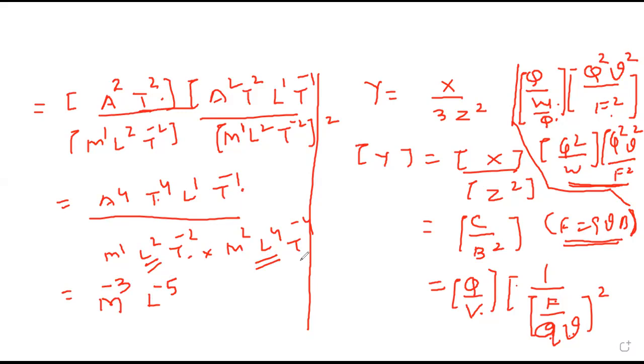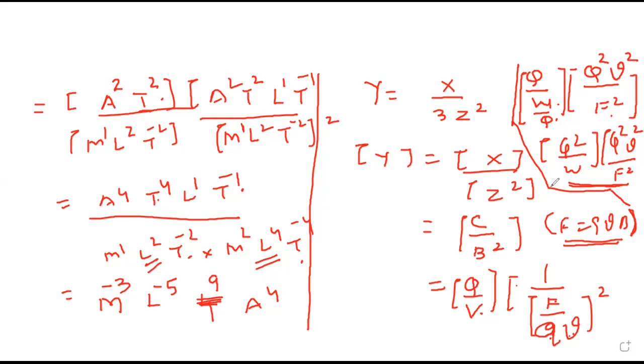Minus 2, minus 4 is minus 6, goes up plus 6. So T raised to 9. And A raised to 4. M minus 3, L minus 5, T 9, A 4. We are not getting it, some mistake is done in between.